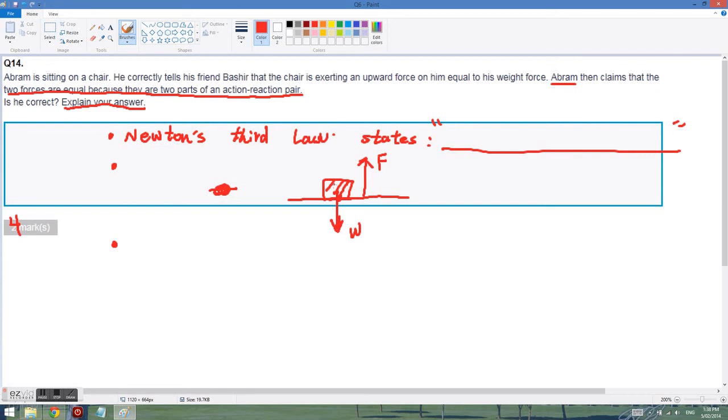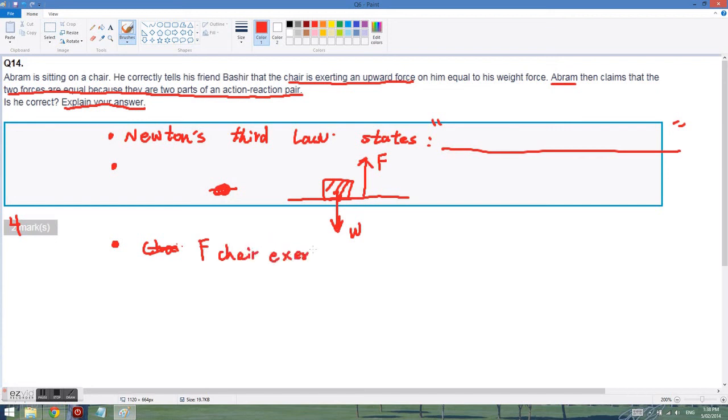Sorry, it takes a little bit longer. The idea for this question is, if you look at the question, the chair is exerting an upward force. Let's label this the force the chair exerts.